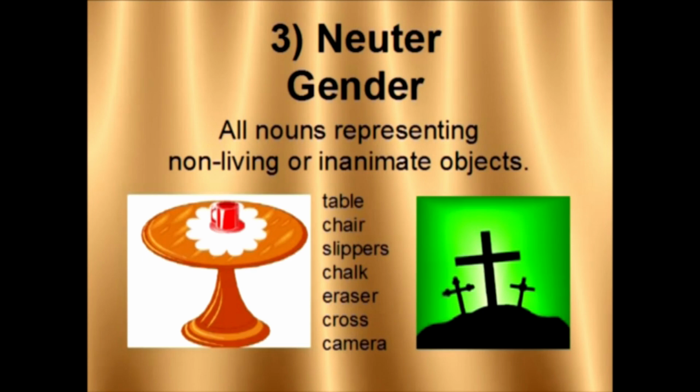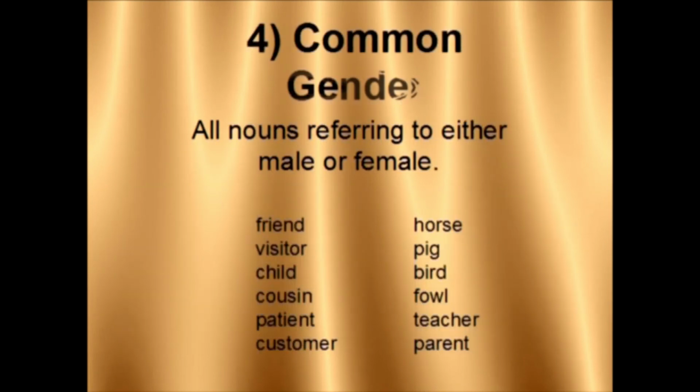Number 3. Neuter gender. For non-living or inanimate objects. Examples: table, chair, slippers, chalk, eraser, cross, camera. Number 4.